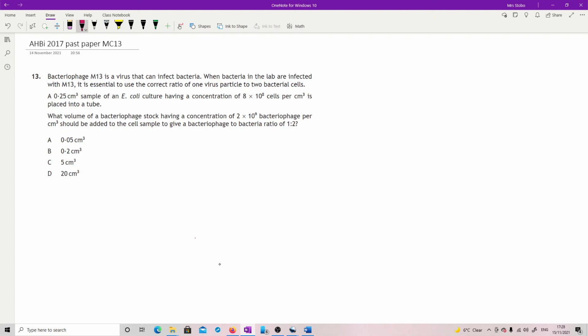Whoa, that reads like quite a lot of stuff, but let's just break it down. You've got 0.25 cm³ of something which has 8 × 10^8 cells per cm³. If I do that sum, I have 2 × 10^8 E. coli. It needs to have a bacteriophage to bacteria ratio of 1 to 2.